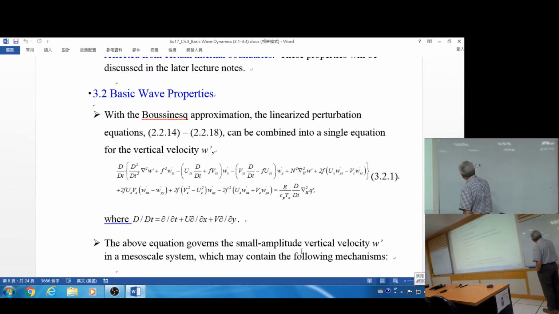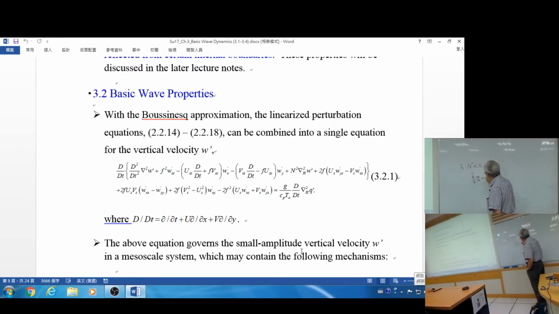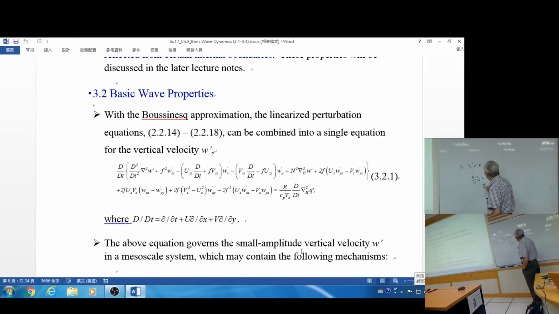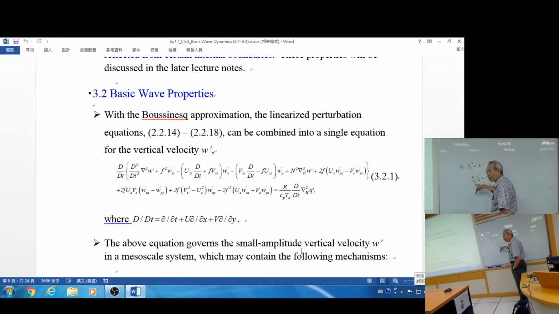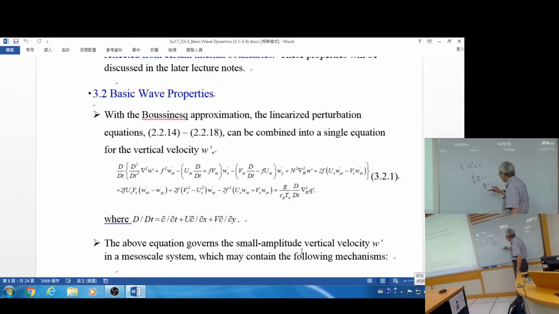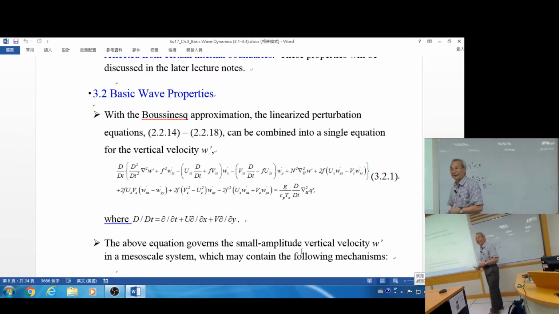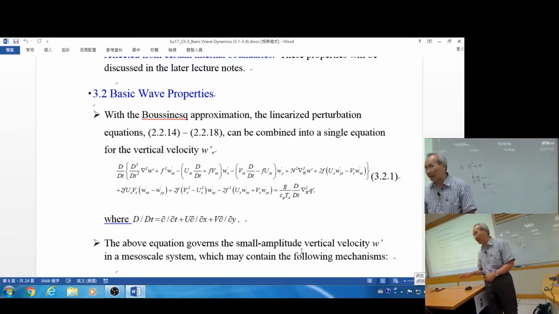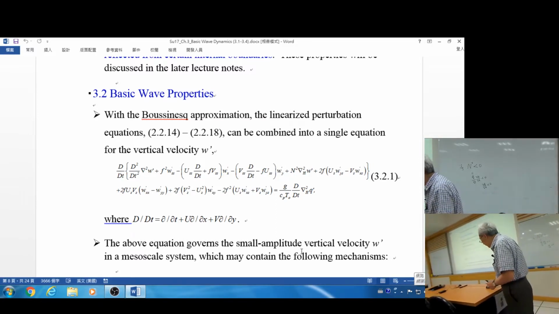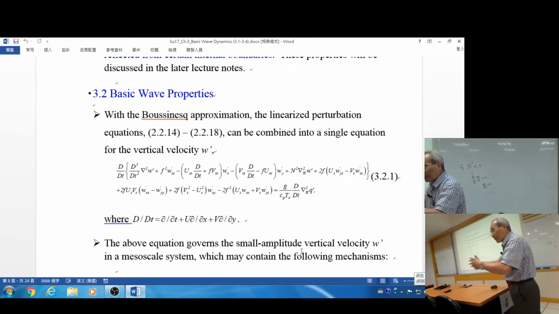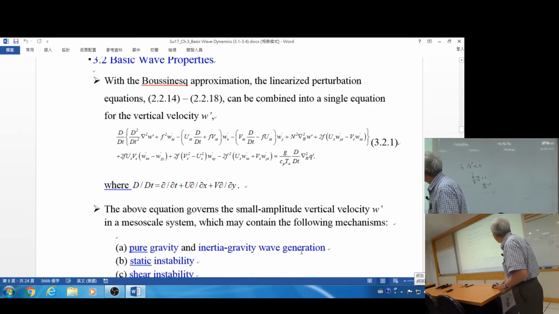This is g over theta, d theta dz. So this is less than 0, which means d theta dz is less than 0, because g is always positive and theta is always positive. So this means you can have upside down. That's static instability. So there are several instabilities involved in that equation. No guarantee, it's just that you have the possibility that it can happen.